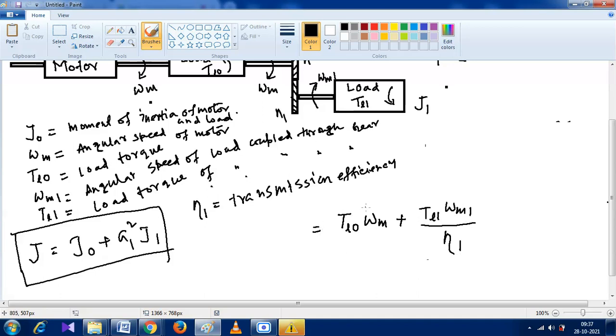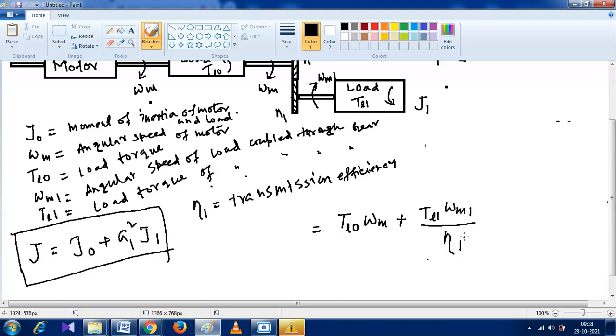We calculate the individual power of the system. In case of the first load, the load torque is TL0 and the angular speed is omega m. The mechanical power of the first load is TL0 into omega m. In case of the second load, coupled through the gear, the power of that system is TL1 omega m1 by eta 1, because we are transmitting the power.